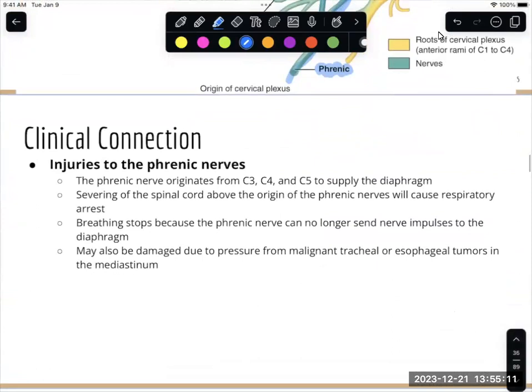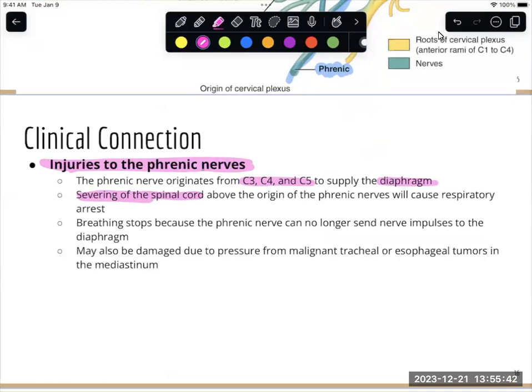Injuries to that phrenic nerve, I already mentioned when I talked about how a plexus works, but C3, C4, and C5 keep you alive by allowing you to breathe. So if that spinal cord gets severed, sliced up, cut, as long as it is below the origin where that phrenic nerve comes out, you can still breathe.